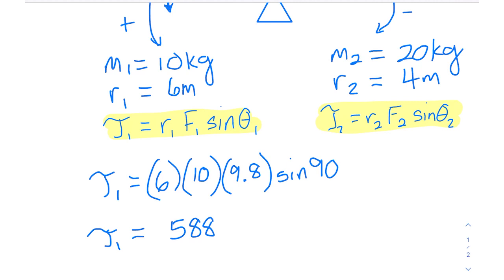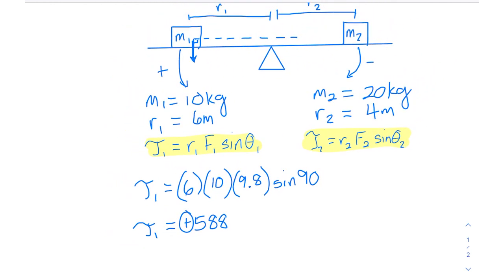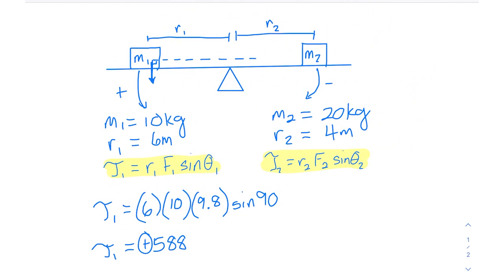And this is going to be in the positive direction, so we can think of this as a positive 588, because just like with any free body diagram on an object, you want to look at the sum of your forces in terms of net force. In this case, you're going to do the same thing with torque. You're going to look at how these sum together. One will be positive, one will be negative.